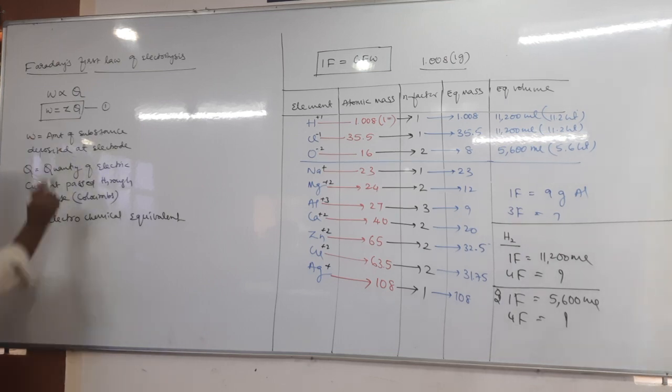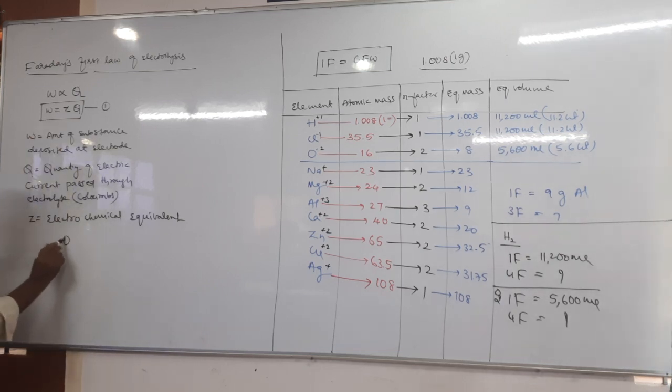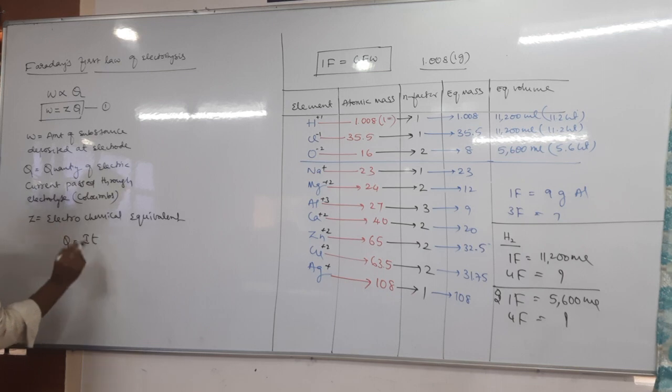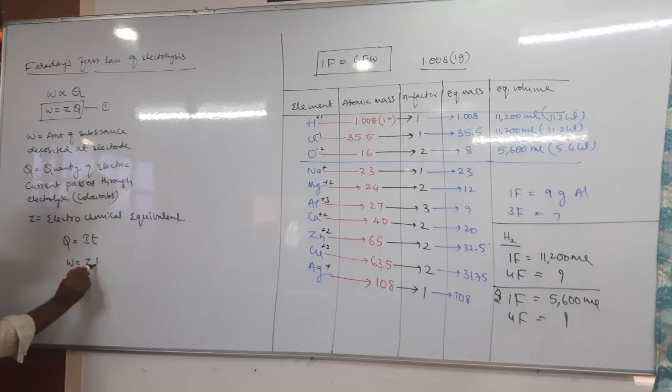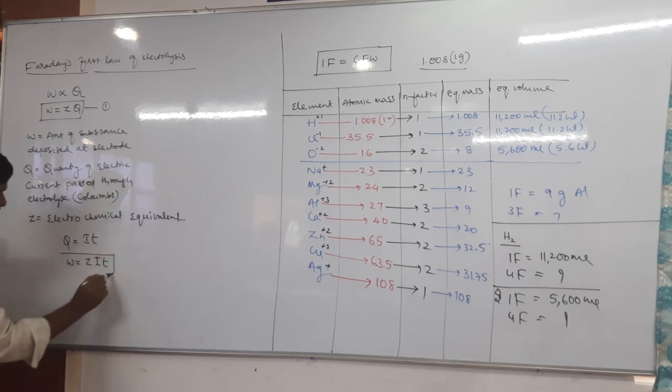But we also know that Q equal to I into T. Therefore, substitute in equation 1: W equal to Z into I into T.